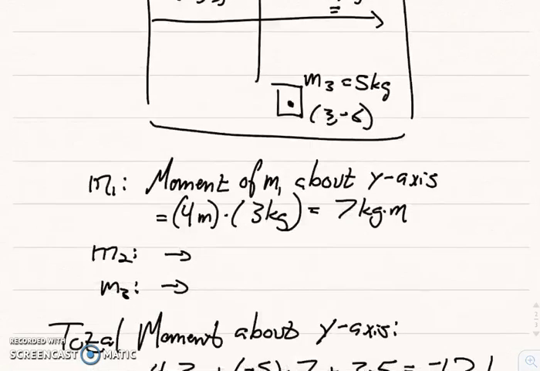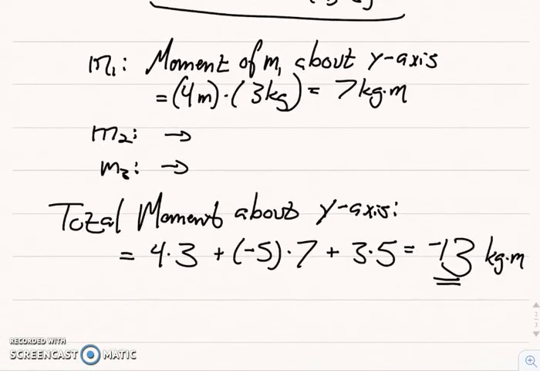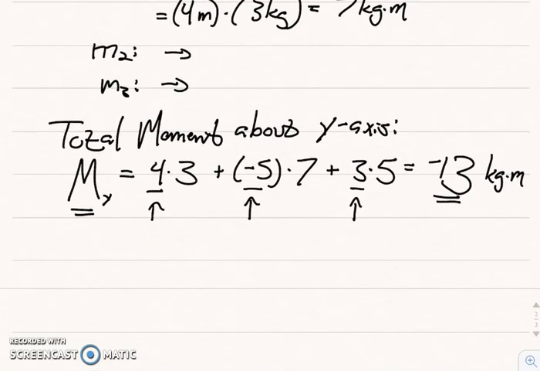Now we're going to calculate a similar number. Oh, and by the way, I should say, this total moment about the y-axis is often denoted capital M sub y, for y-axis. And again, it is the nature of these coordinates that to find the moment about the y-axis, you need the x-coordinates of those points. In a completely analogous fashion, we can calculate what we'll call the moment about the x-axis.